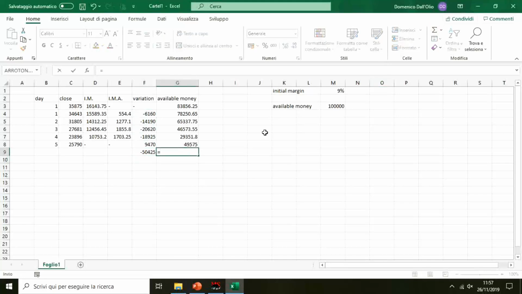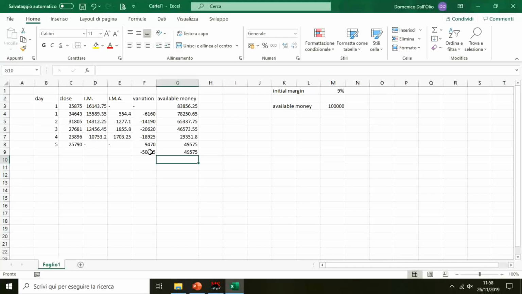And from the initial available money, it means that we are left with 49,575. In a situation like this, no problems are faced even if the position evolves in a very unfavorable way.